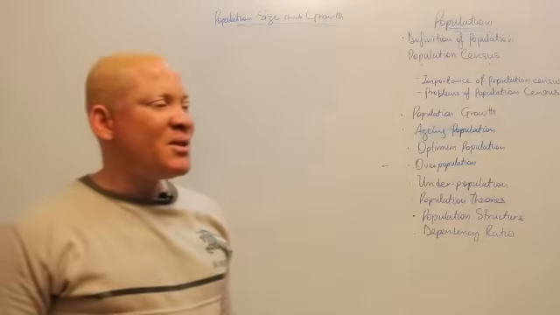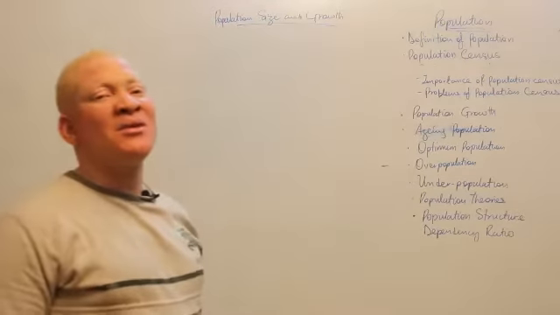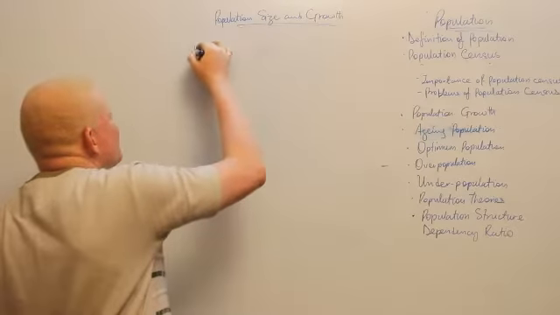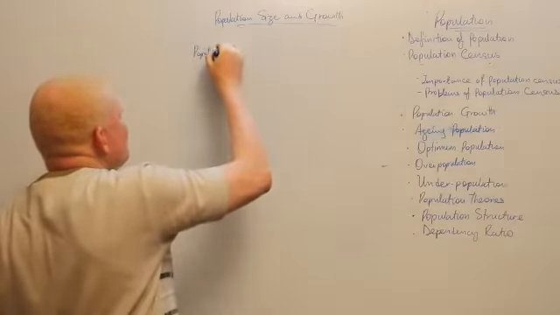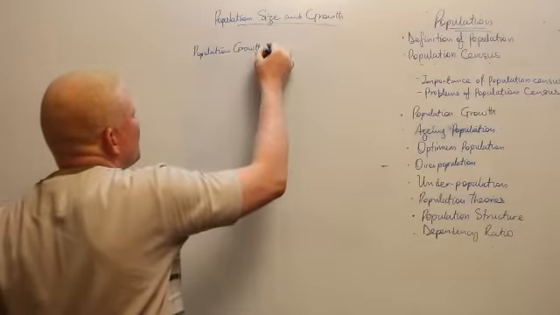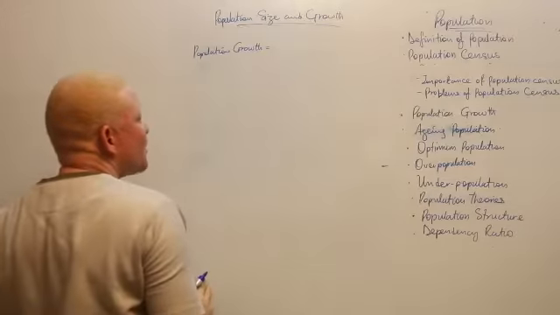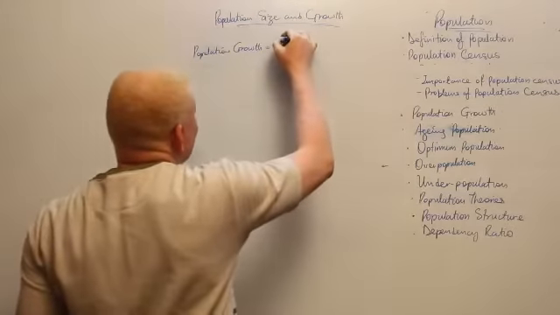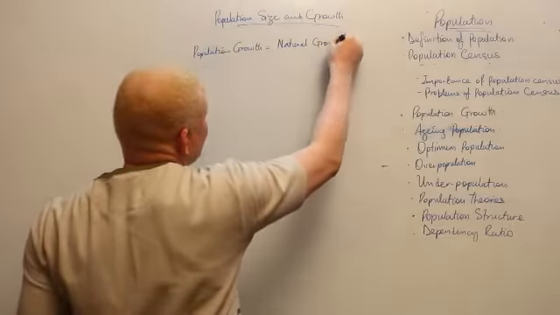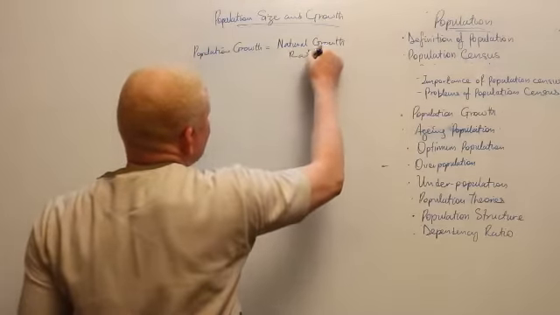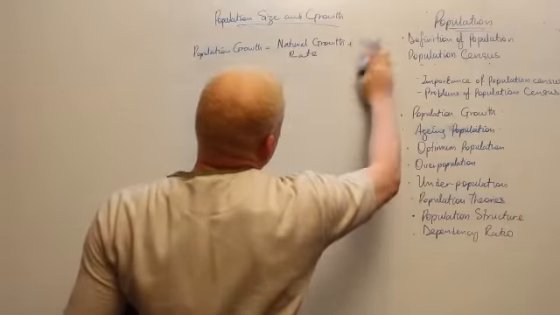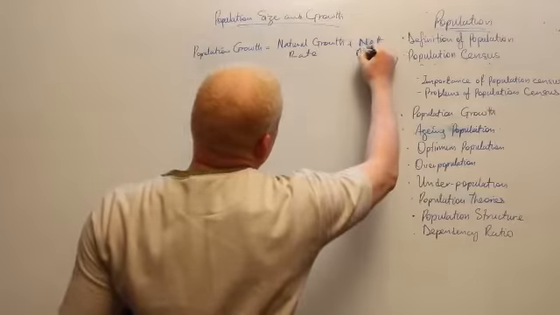Since we said it is a percentage increase, population growth is made up of two factors. Population growth is made up of natural growth rate plus net migration.